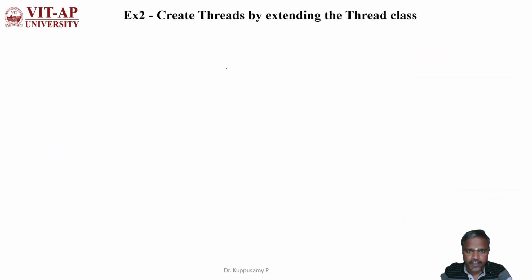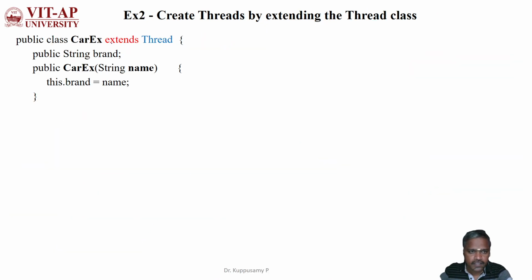Like this, another example is given with the user-defined class named CarEx, which is extending the parent class Thread. So now CarEx has the capabilities to use the thread features. Now I am creating one more string variable, brand. Here CarEx is the constructor which assigns the name to this brand, right?